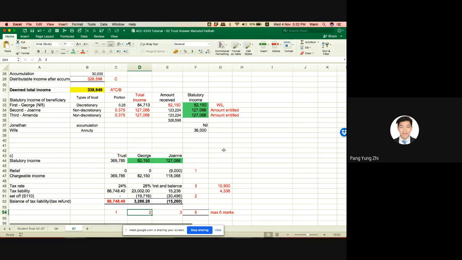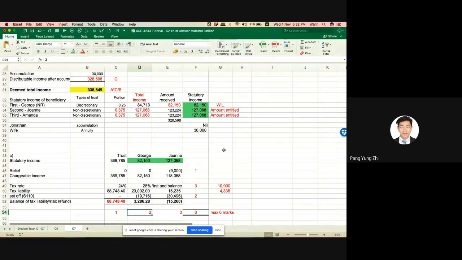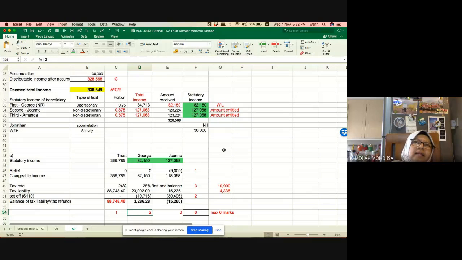Doctor, I have a question. Regarding the statutory income for the wife is 36,000, right? Yes. And then what if the trust fee is allowable? I mean, if the trust is allowable, right? Okay, it's just like this.